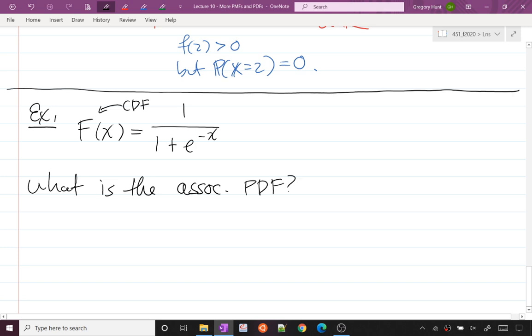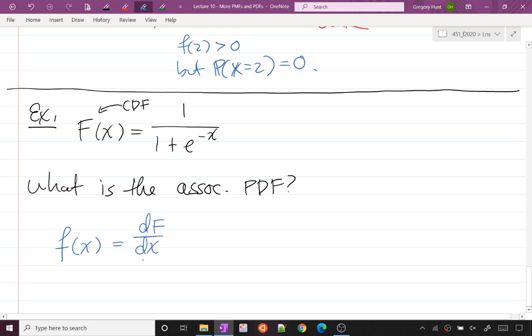First of all, the CDF is a CDF of a continuous random variable. We know that because it's a continuous function. So by definition, the CDF is continuous, therefore the random variable is a continuous random variable. So it will have a PDF, a probability density function. And our fundamental relationship is that the PDF, f of x, is dF/dx.